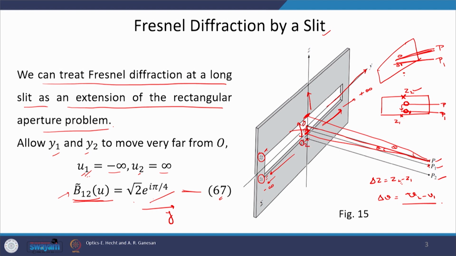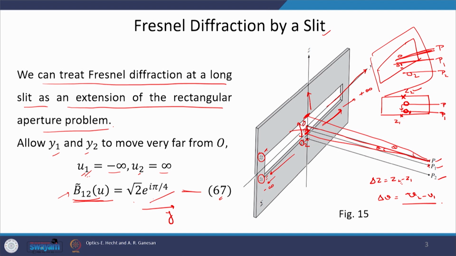O2 is still in the plane of the aperture, but it is not in the open portion of the aperture; it is on the closed portion now. The point of observation for O2 is P2, which is a bit further down compared to P1, and therefore the curve will move up.